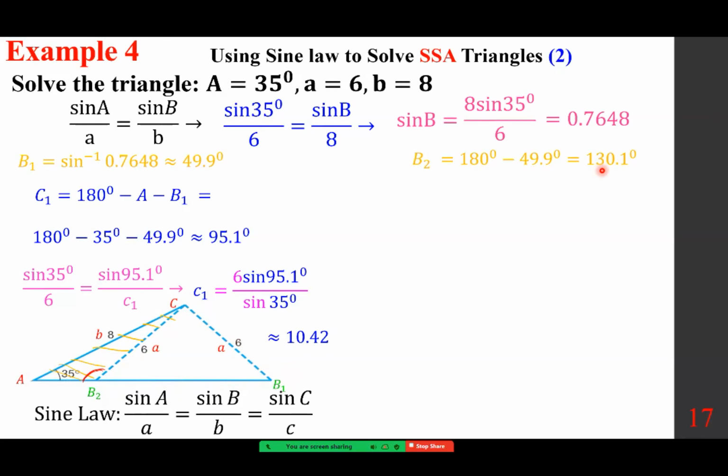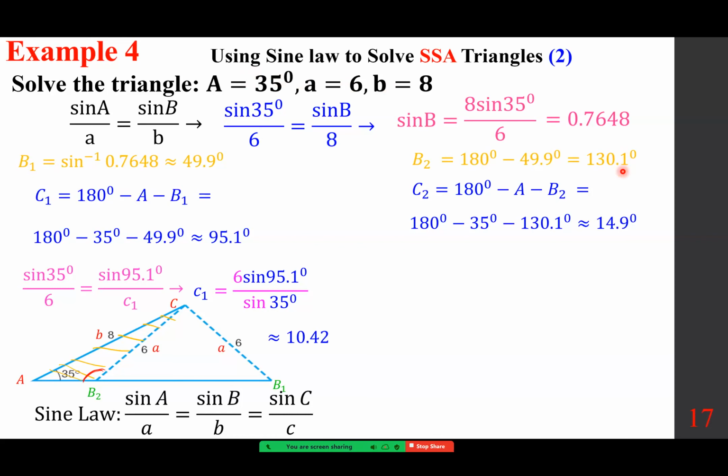Now going here, we're going to add these two and subtract it from 180, or 180 minus A minus B2 gives us 14.9. So there are two angles. We subtract their sum from 180, and get 14.9.